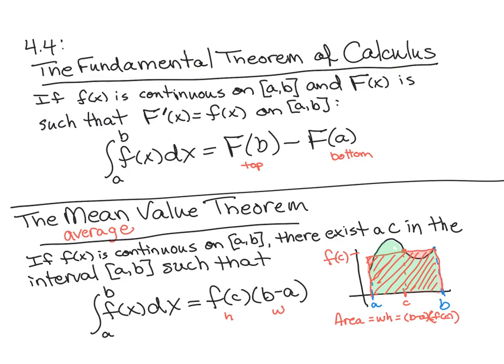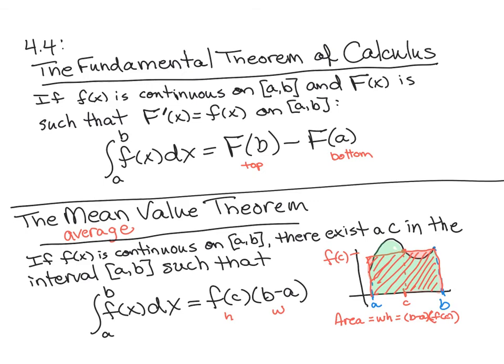Well, the width here is b minus a. It's just the distance on the x-axis. And the height of that rectangle is the y value of some x value in between the a and b. So this is width times height, okay? This area is just going to be the width of the rectangle times the height of the rectangle. And this comes from the next theorem on the next page.